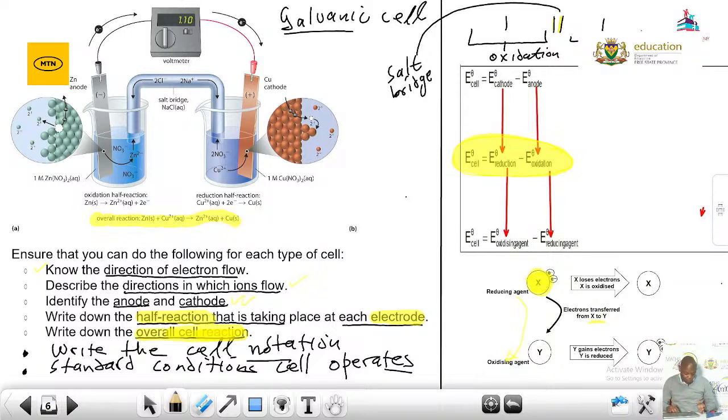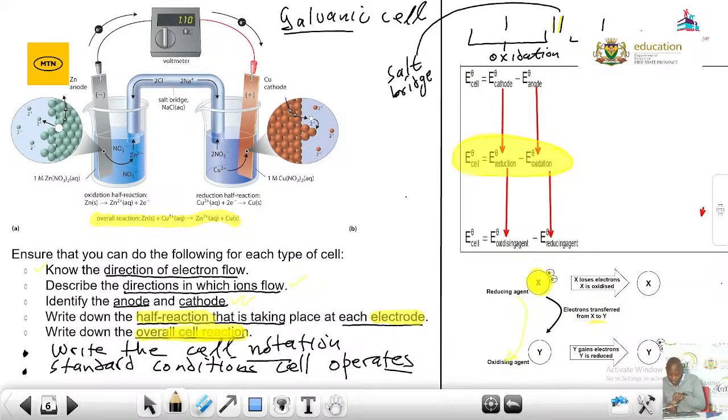So this is it basically with a galvanic cell, and try by all means to use your formula sheet in order to minimize the mistakes. Hence, I am using the formula E naught is equal to E cathode minus E anode in order for me to link everything here. So I am linking the formula with oxidation, reducing agent, and the electron flow.